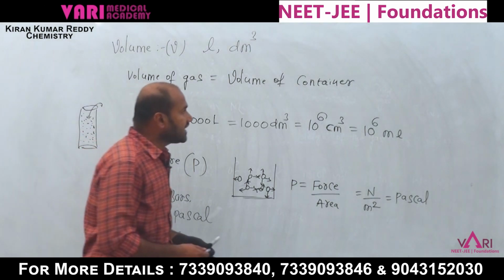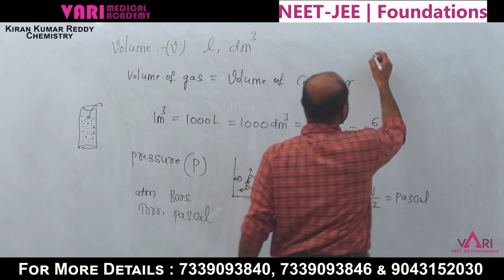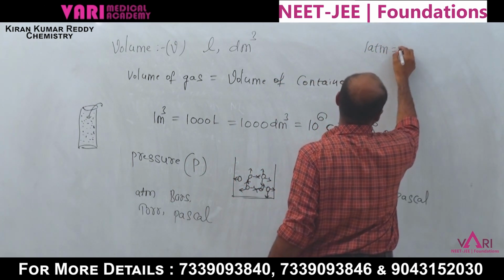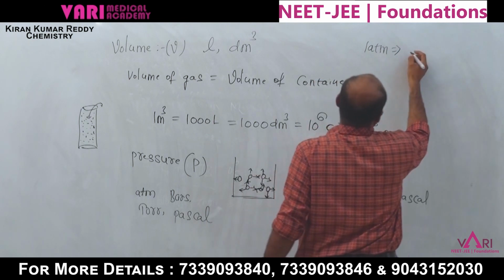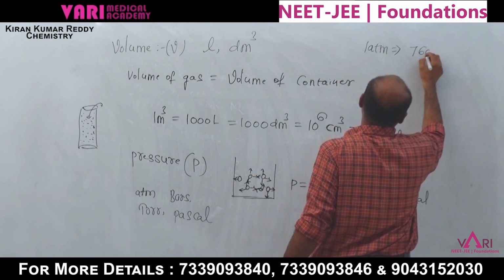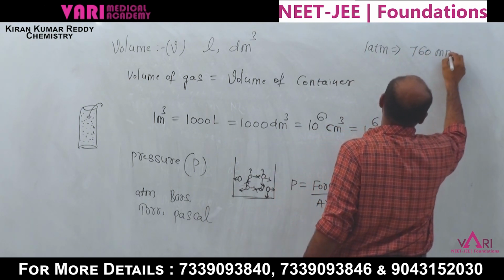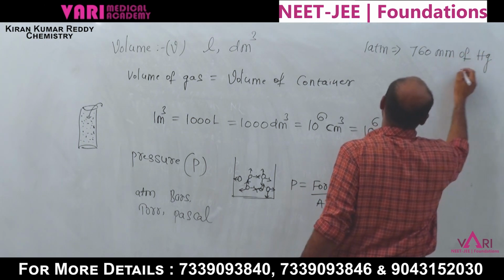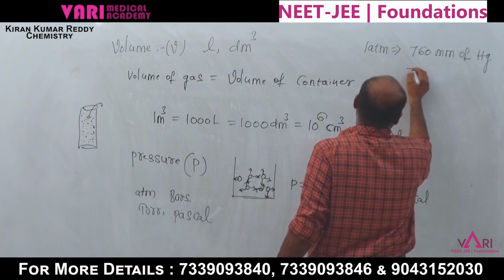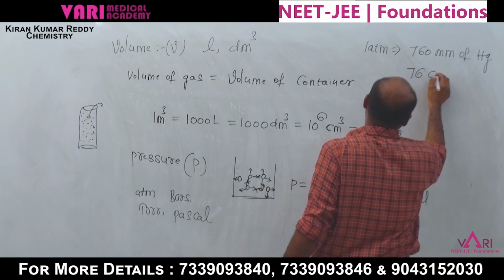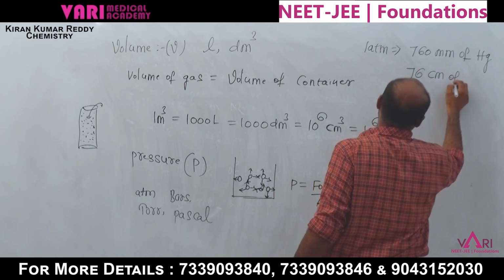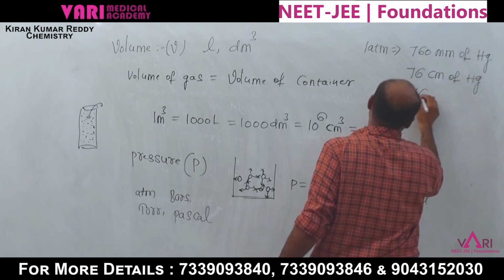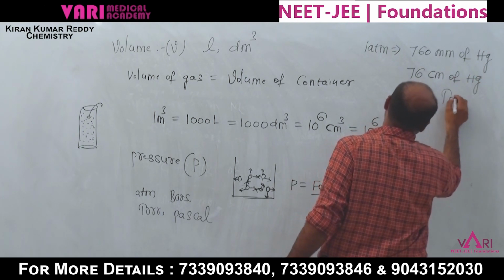Now 1 atm, write this down students: 1 atmospheric pressure is equal to 760 mm of Hg, or we can take 76 centimeter of Hg, or 760 torr.